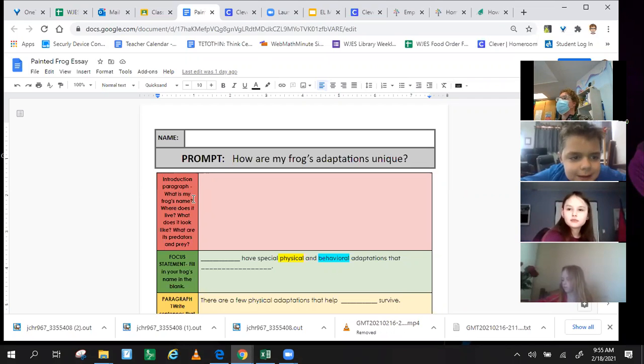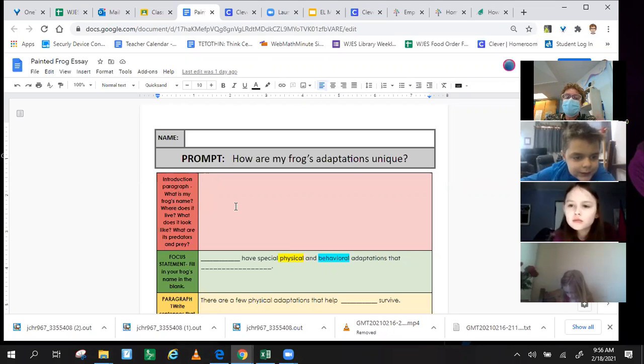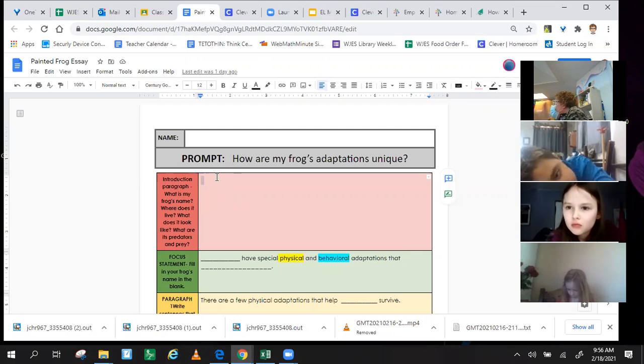You're not answering questions. These are the ideas that are helping you write this paragraph. All right. So Mrs. Harrison's was poison dart frogs. It starts out with that sentence, right? What does the reader need to know? How you're going to hook them into your essay.